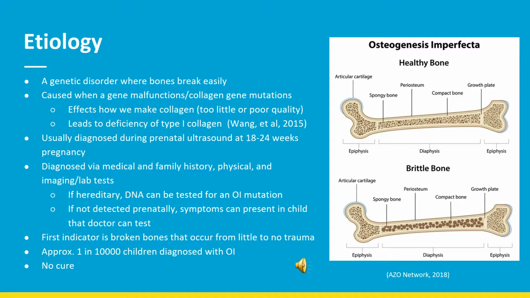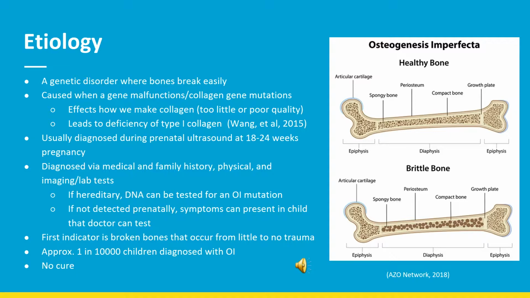This is caused when a gene malfunctions or there's a collagen gene mutation. This affects how we make collagen, either too little or it's very poor quality, and it leads to deficiency of type 1 collagen. Again, collagen is the protein that helps make our bones strong, so that's why this is brittle bone disease.